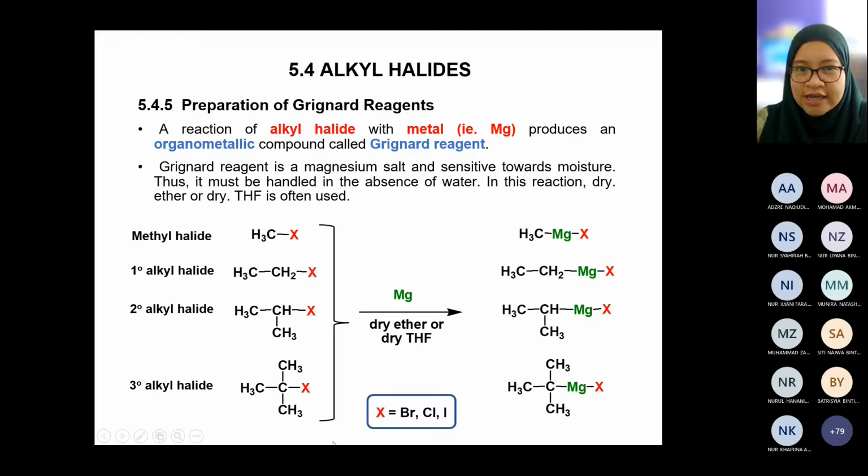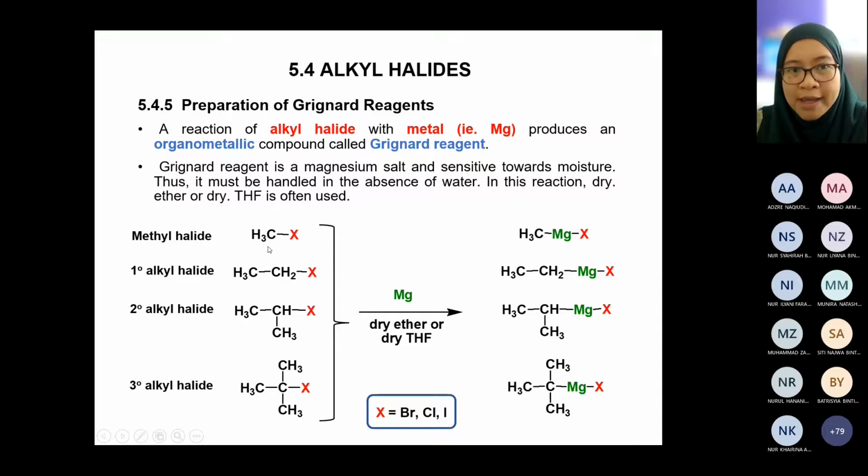In Malay, Grignard. I think I have heard it pronounced differently, but it doesn't matter. Grignard reagent is a magnesium salt and sensitive towards moisture. Thus, it must be handled in the absence of water. In this reaction, dry ether or dry THF is often used.